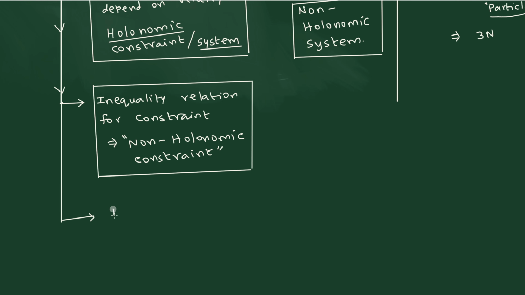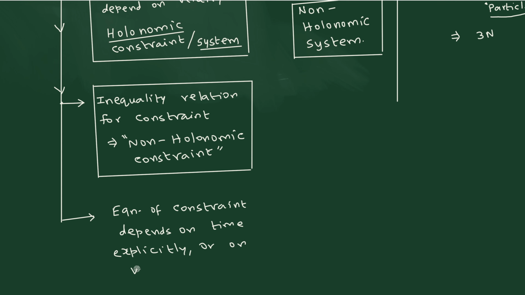When the equation of the constraint depends on time explicitly or on velocity, if any of this happens, then once again the system will be classified as a non-holonomic system.